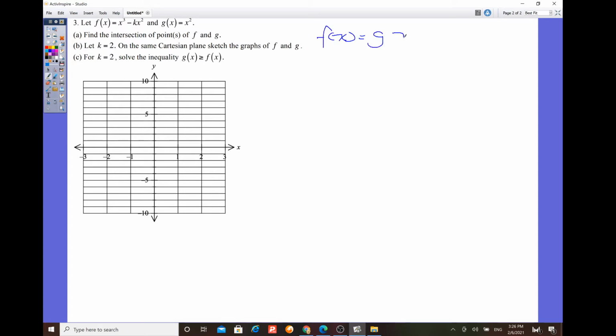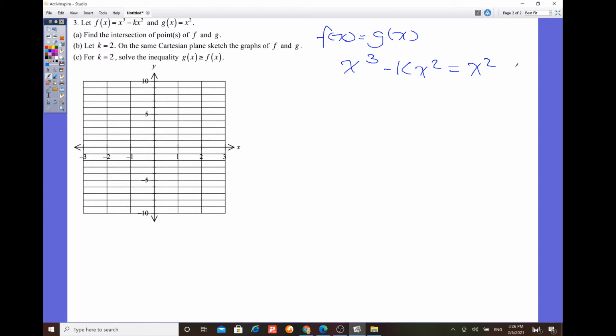Now since we don't know the value of k, we cannot just put the functions into the calculator, so we have to do it manually. So x to the 3rd power minus kx squared equals x squared. For those wondering how to find the xy value, here's another thing we can do.